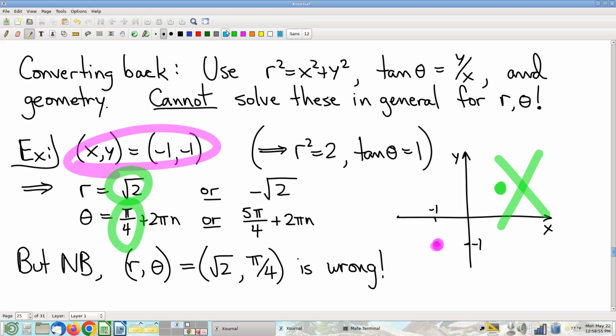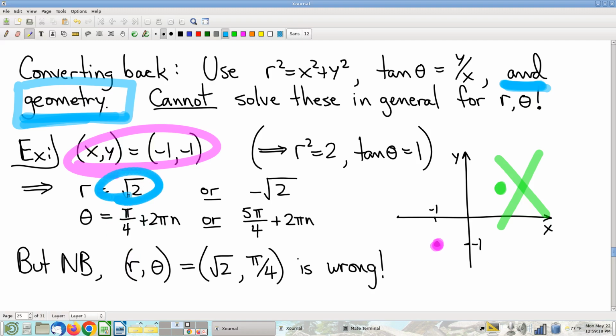You also have to look at the geometry of the situation. This is essential. The algebra will give you some candidate values, but the geometry is what will help you decide which one or ones, or what combination, is the one that actually works. So, for example, that actually works.